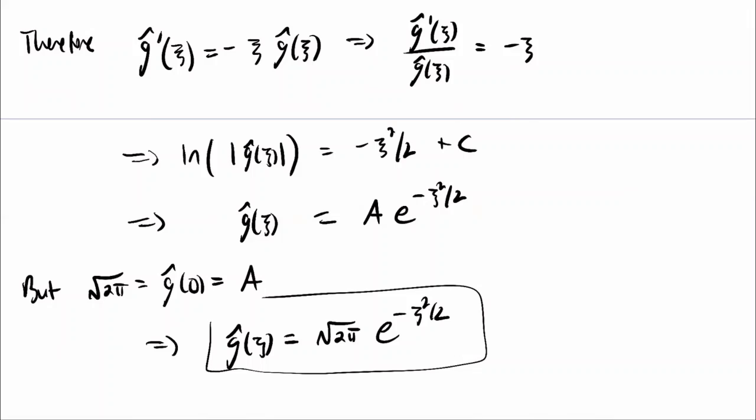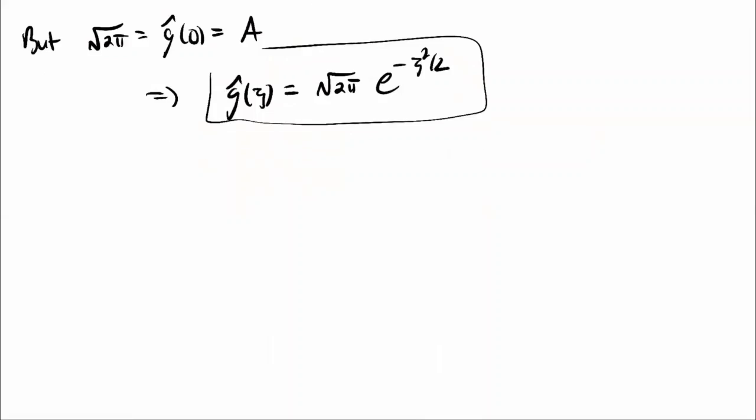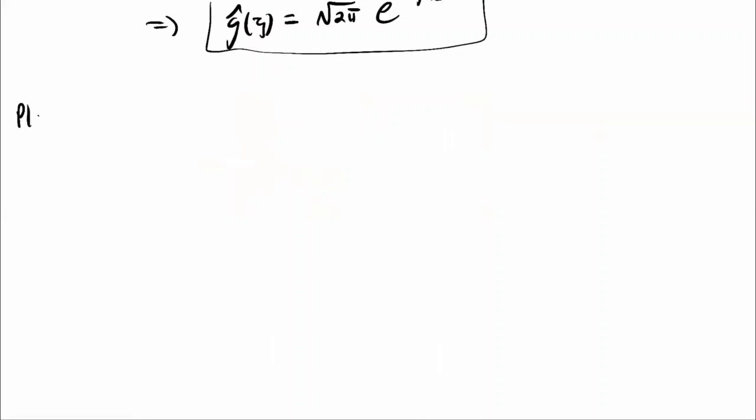Okay, and so I do want to at least mention one very important theorem, which we're not going to prove. And so this is the Plancherel Theorem. This is exactly the analog of the Parseval theorem from Fourier series.